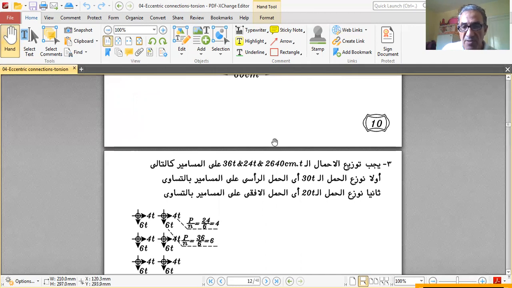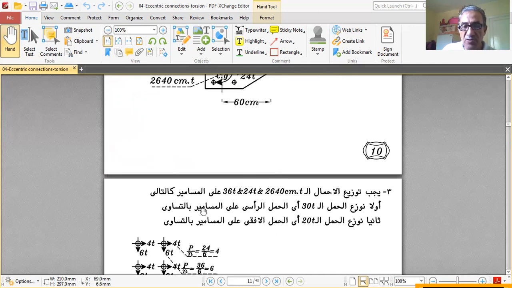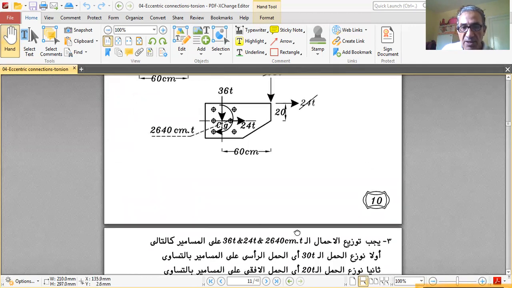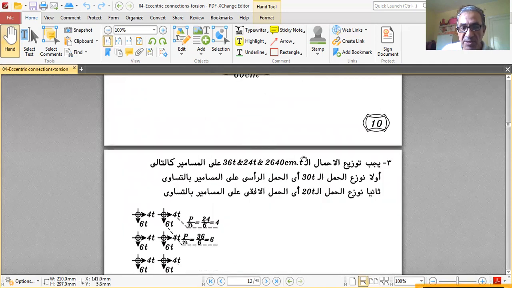Then we have to distribute the loads at the CG, which are 36 ton down, 24 ton in the positive x direction, and a 2640 centimeter ton clockwise moment, on the bolts. First, we distribute the 36 ton vertical on the bolts equally, and then distribute the 24 ton horizontal on the bolts equally.